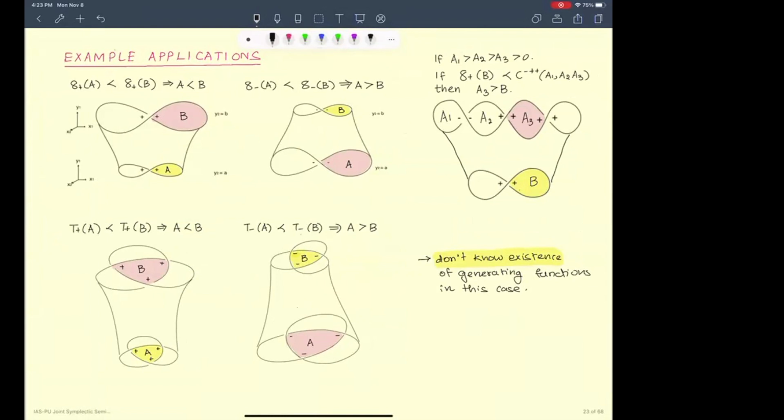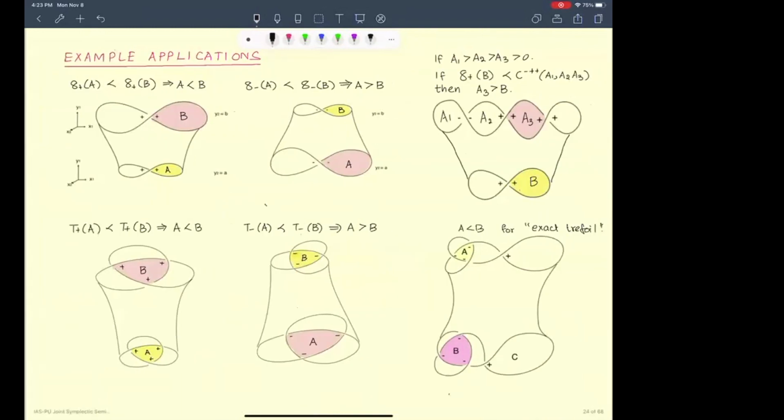And we don't know anything about generating functions if you give me this. Even the exact trefoil, you can't do with generating functions, I think. But this is an exact case where this thing has to be smaller than this. So in examples, you get a lot of actual things.